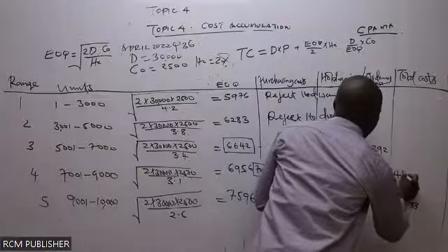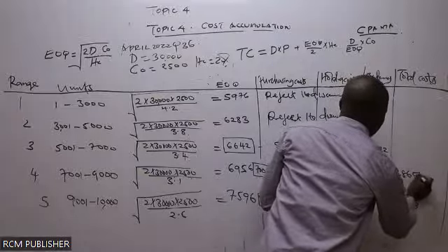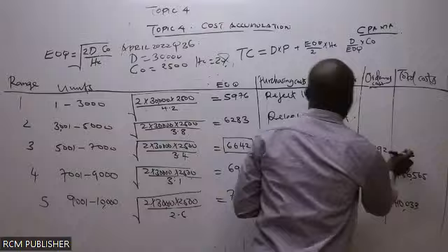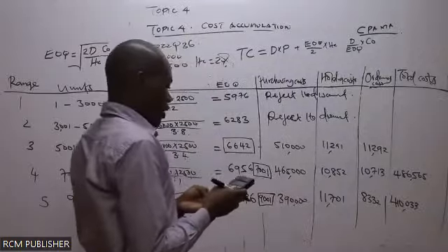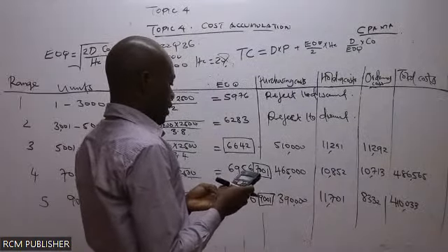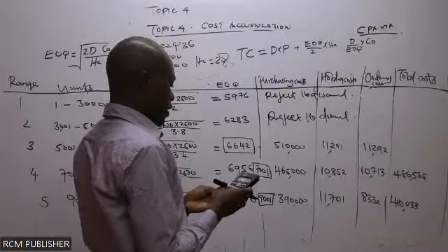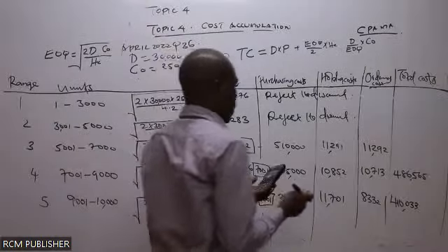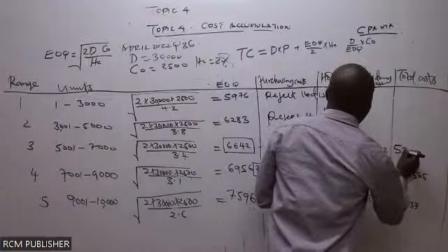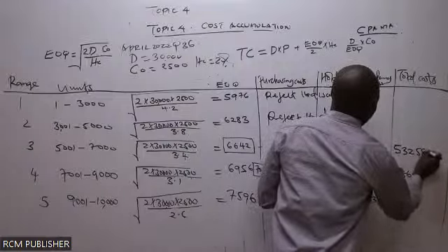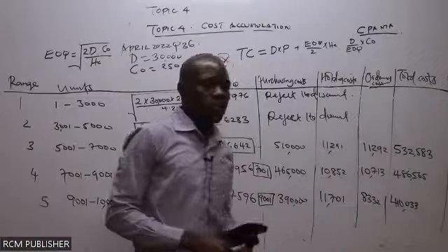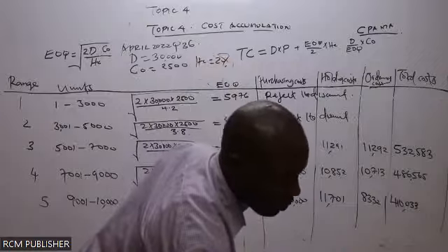I have 486,565. Then I come to the last one, 510 plus 11,291 plus 11,292. I'm going to have 532,583. So we've reached that point whereby we want to advise.